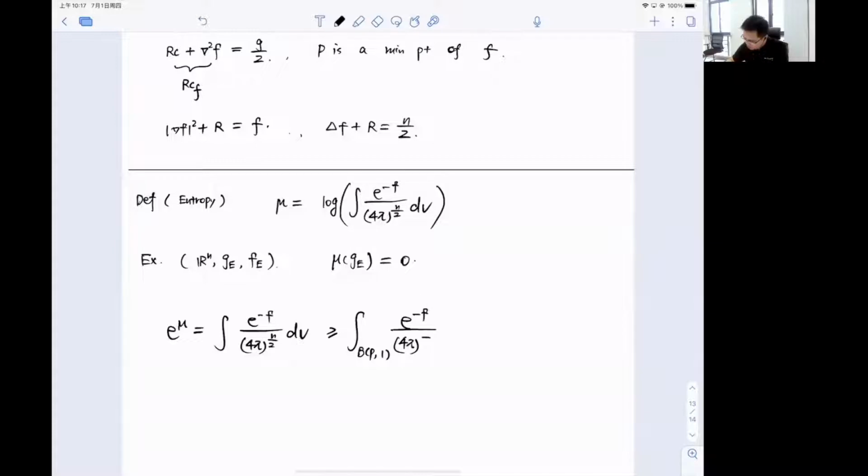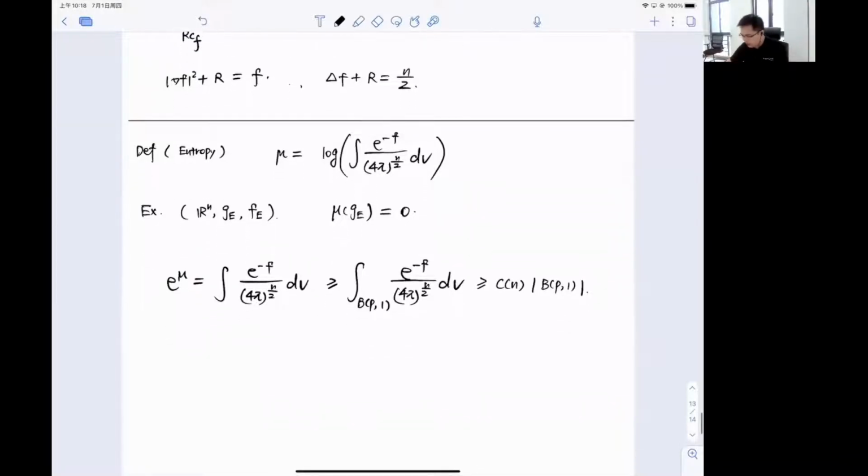Now, since the potential function f has a lower bound and upper bound on this unit ball, whose bounds only depend on the dimensional constant, we can show that the function we integrate has a positive lower bound. So this is in particular greater or equal to a positive constant C_n times the volume of the unit ball around the base point p.